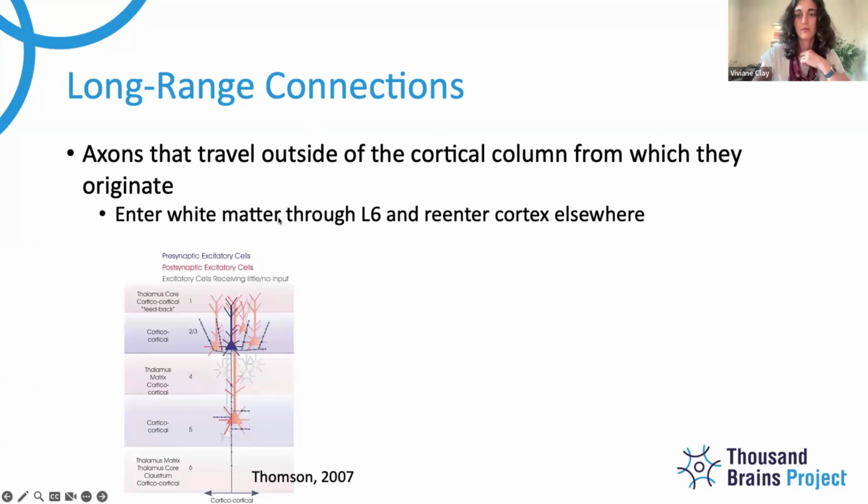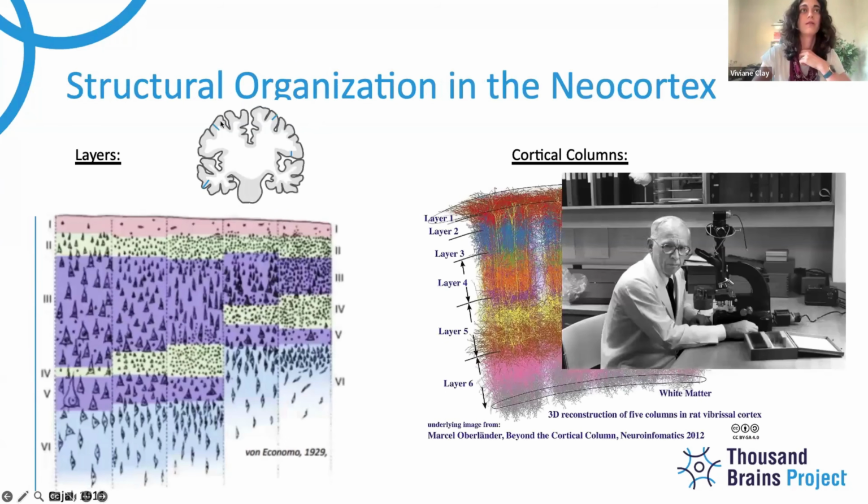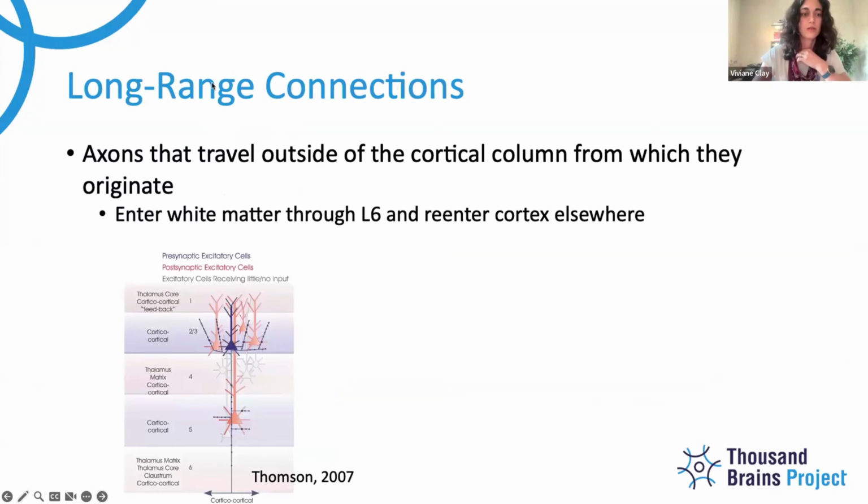That's because information travels faster in the white matter. If you look at this picture here, the gray matter is this structure up here with the layers, and then the white matter is here. So information would go from the neuron down into the white matter, travel very fast along the axon, and then re-enter somewhere else in the cortex. It's schematically shown as an example here.